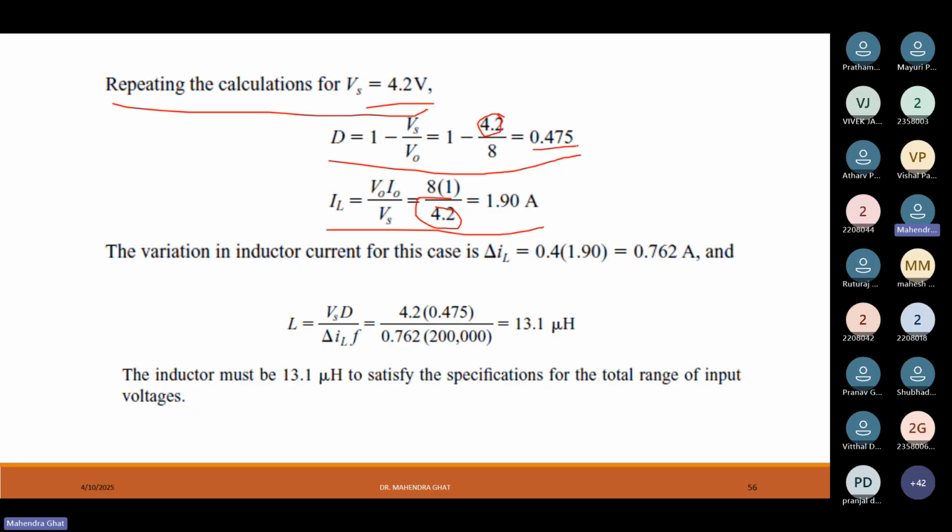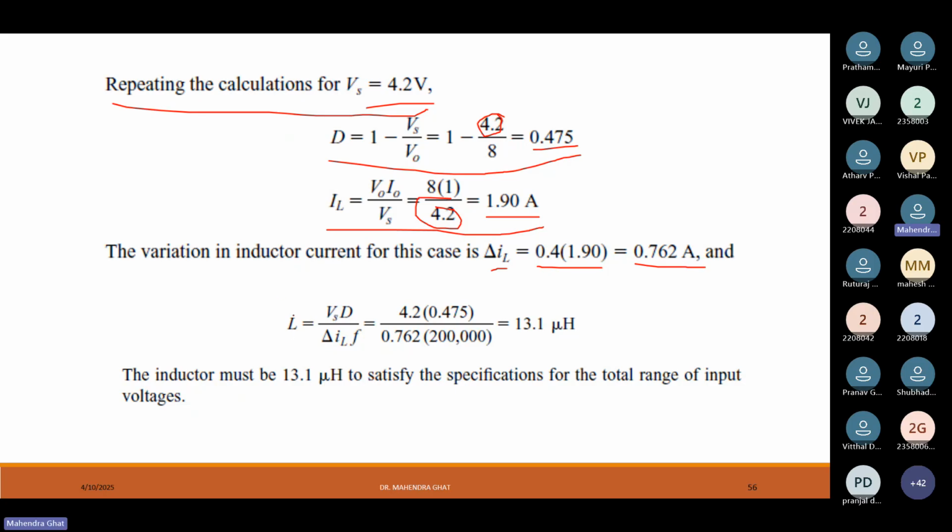For that, duty is 0.475, and IL comes to 1.9 ampere. The variation in inductor current for this case, delta IL, is again 40% of IL. If we calculate, it comes to 0.762 ampere.